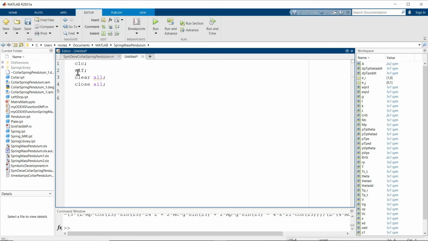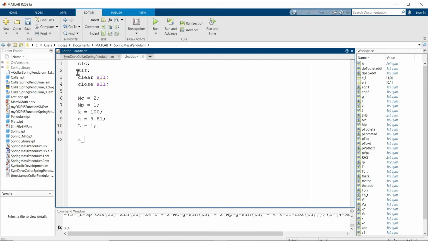And then we'll set our constants, which are going to be mass of the collar, 2 kilograms, mass of the pendulum, 1 kilogram, spring constant, 100 newtons per meter, g equals 9.81, the length of the pendulum, 1 meter.